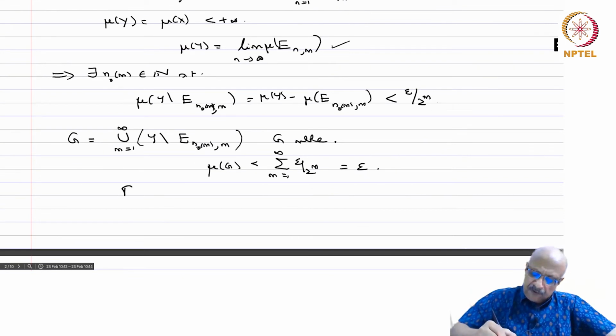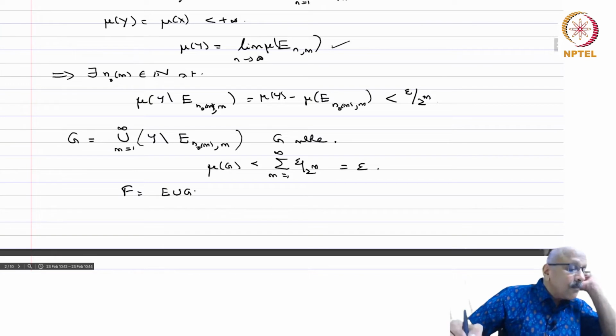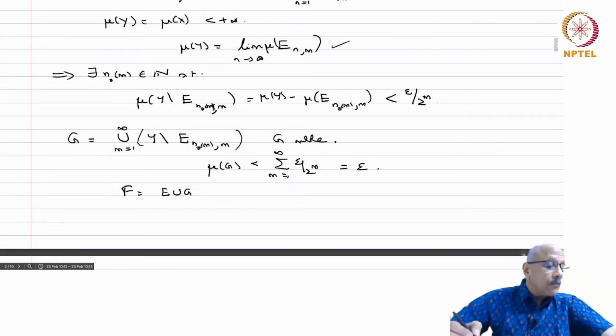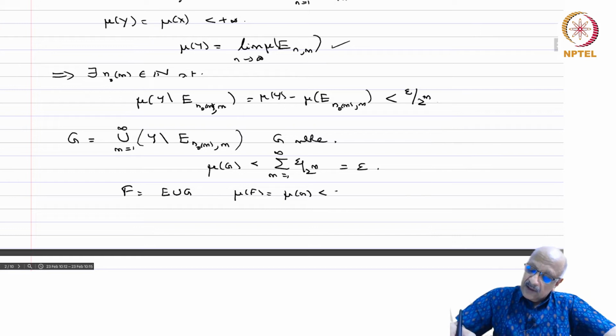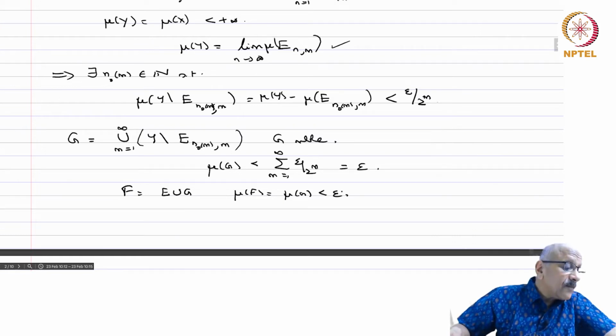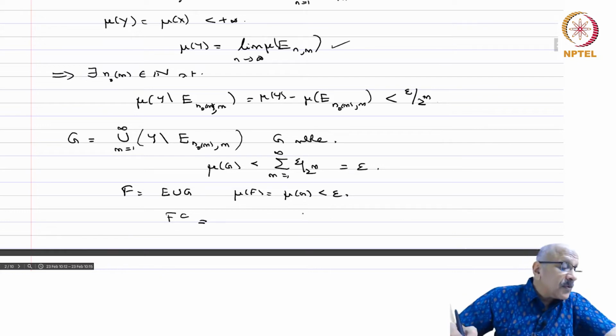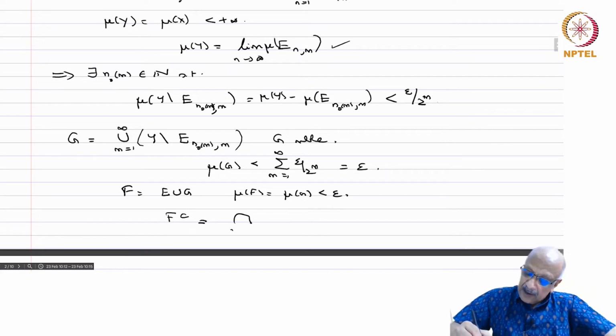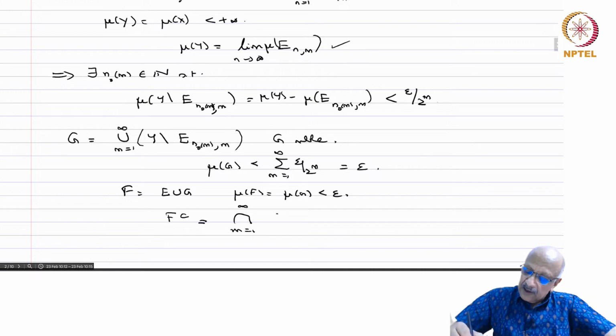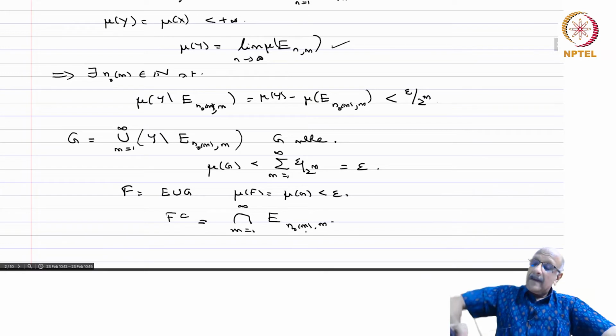Now you set F equals E union G, so that mu of F equals mu of G, which is less than epsilon. And what is F complement? F complement is precisely the intersection over m equals 1 to infinity of E_{n_0(m),m}.